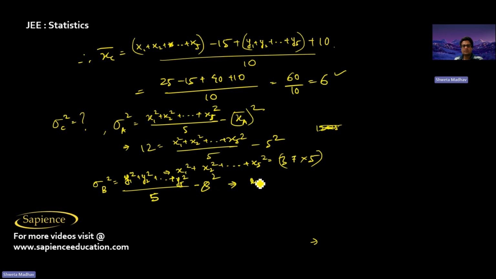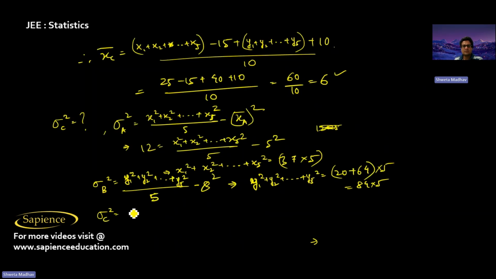That means y1 squared + y2 squared + ... + y5 squared is 20 plus 64, that is 84, into 5. So now we need to find sigma C squared.